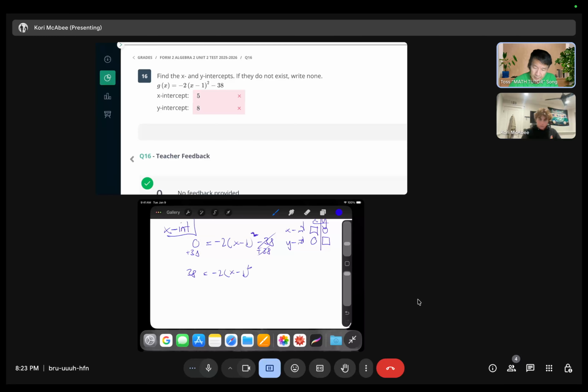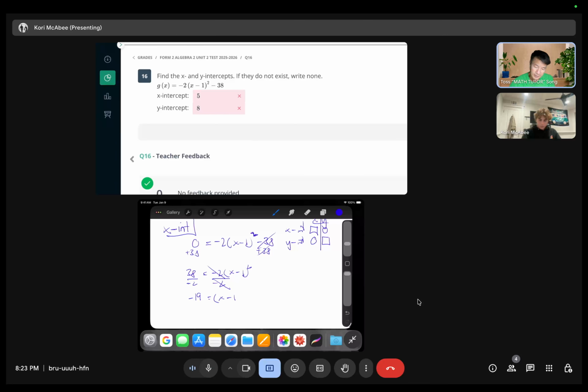Then divide both sides by negative 2. 38 divided by 2 is 19, so you get negative 19. Okay, we can stop here.